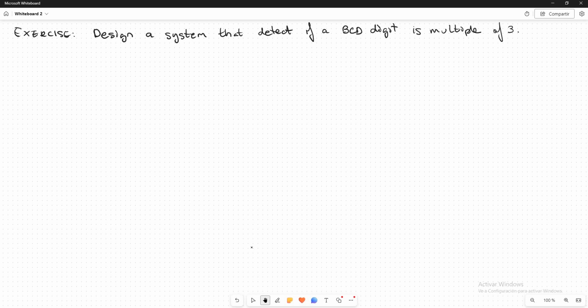So this is the only specification that we have. We have to design a system that detects this.